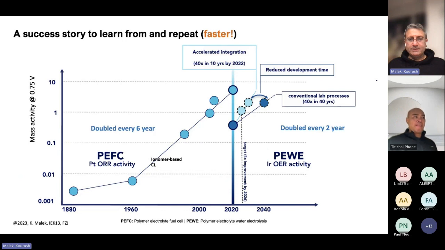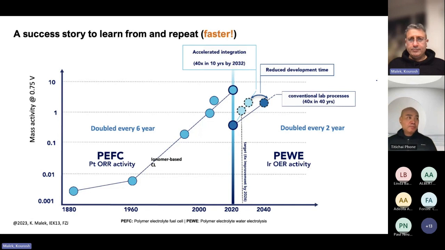If you look at the advancement of the technology of fuel cell since its inception in 1880, where it really came into life in terms of the device functionality of a PEM fuel cell, up to recent years, you have seen an exponential increase of the mass activity of the catalyst that really happened around 1960, not because of the new catalyst. It's the same type of catalyst as platinum that has been used in the past.